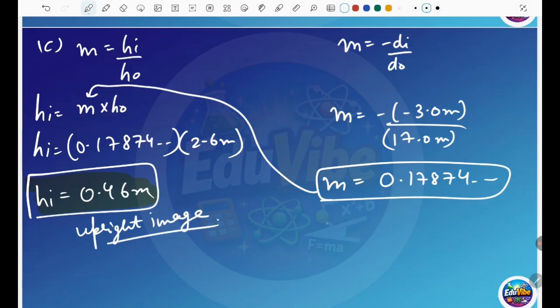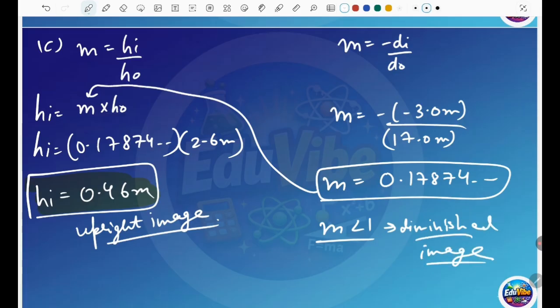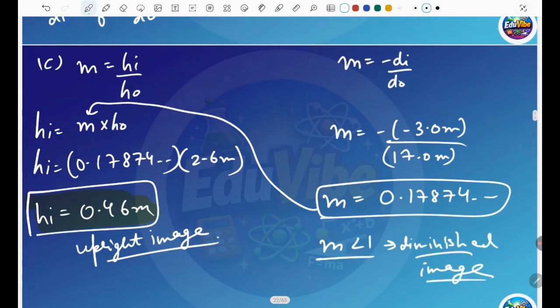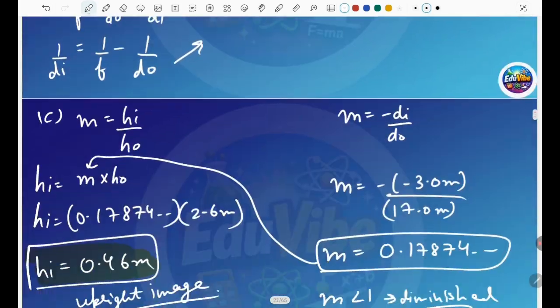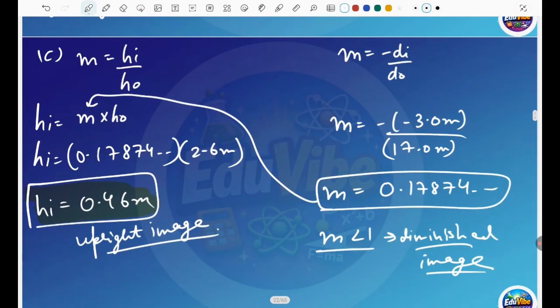And you get a diminished image because your M is less than 1. If you know the sign convention, you can find all three of these things with that too. So that's the thing you have to do.